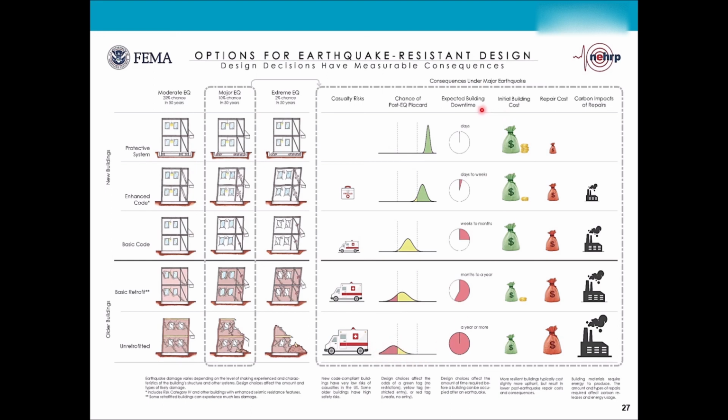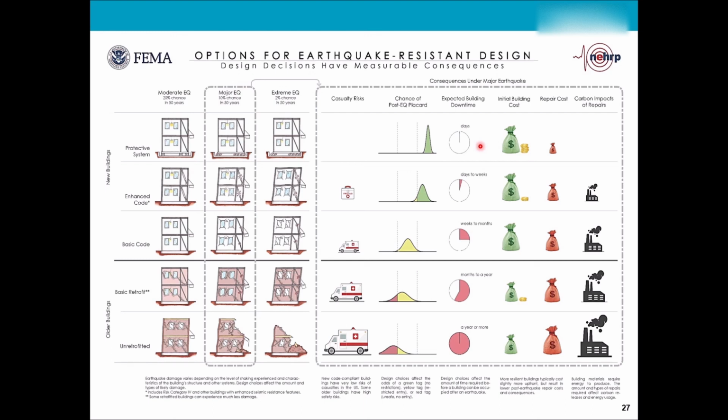Expected building downtime. Imagine you show this to the owner of a supermarket or a departmental store. They fully understand that if their building is properly protected with a protective system like a base isolator and a major earthquake happens, it's just a matter of some days before the building can go back to operation.